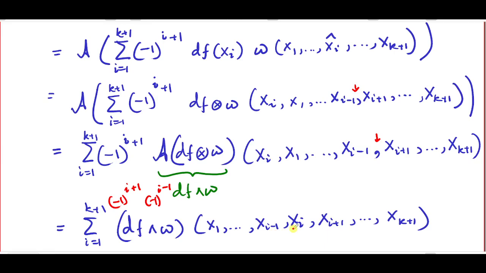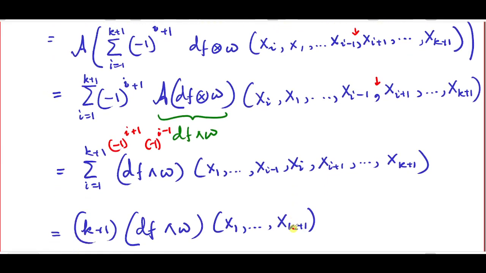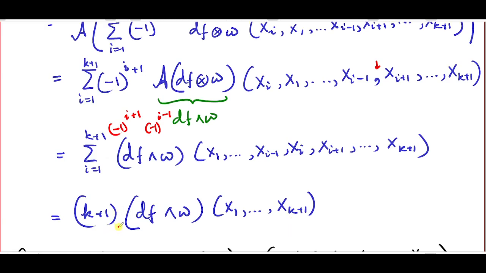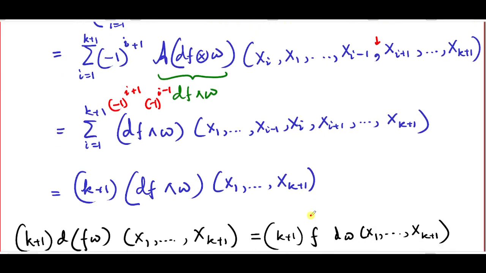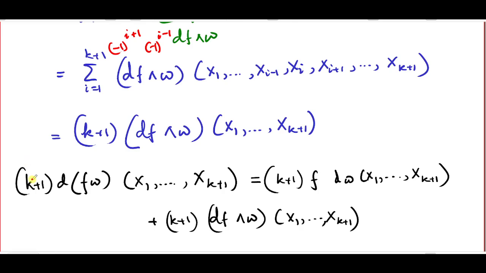Since each of the terms in the sum are the same, the sum is simply the number of terms, k plus 1, times each term, df wedge omega acting on the bunch of arguments. Now let's get back to our original expression for d of f omega. What we have seen already is that k plus 1 times d of f omega acting on x1, x2 up to xk plus 1 is k plus 1 times f d omega acting on the same bunch of arguments plus theta acting on the same bunch of arguments, and we have just shown that theta is k plus 1 df wedge omega acting on the same bunch of arguments.